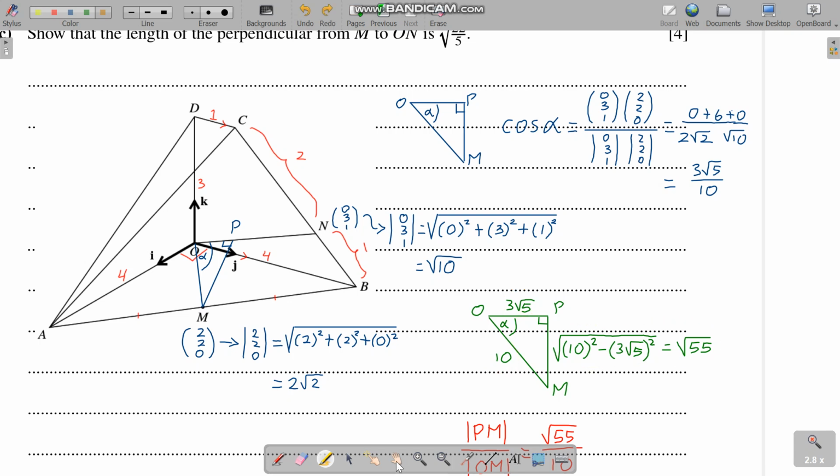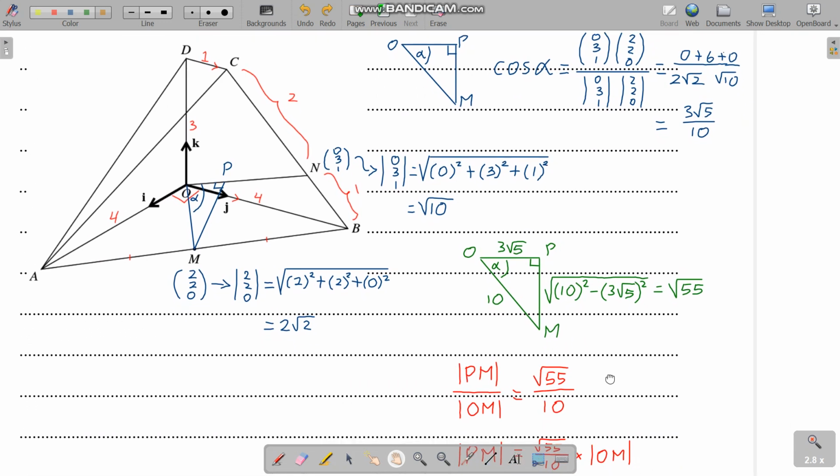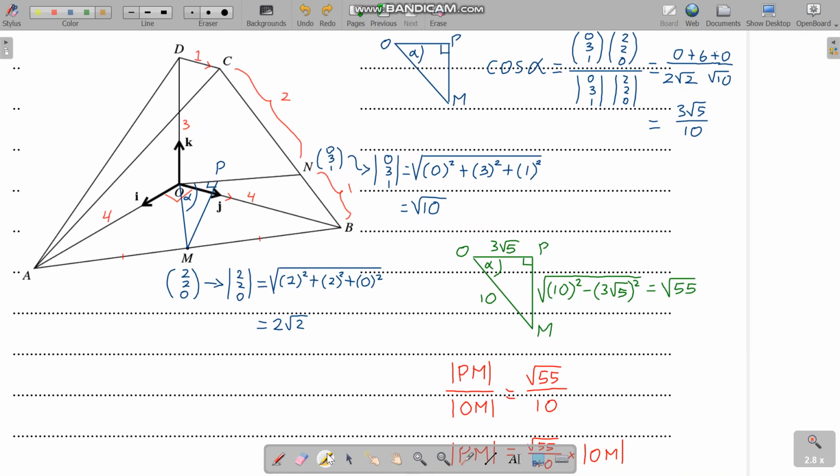So from here we can find sine alpha, tangent alpha if we need. So now if we look at the ratio PM divided by OM, or the sine actually, this is the same as root 55 over 10 because of the ratio of the lengths.